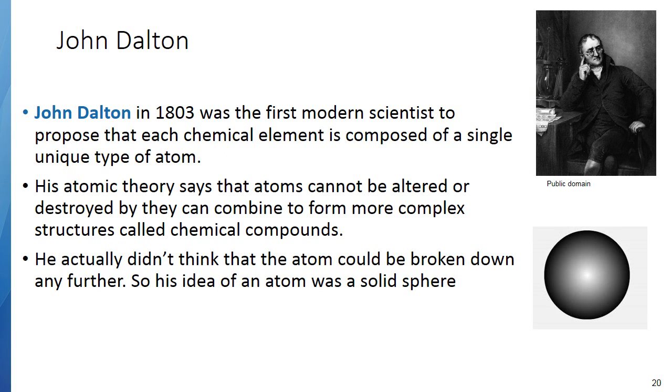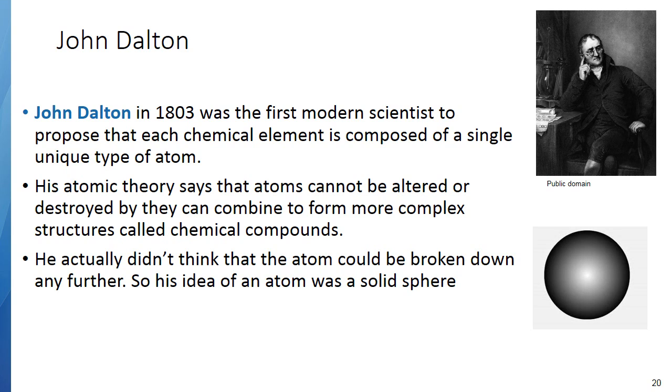John Dalton was really the first modern scientist to propose that there was such a thing as an atom, a smallest particle that retained the same properties of the element.